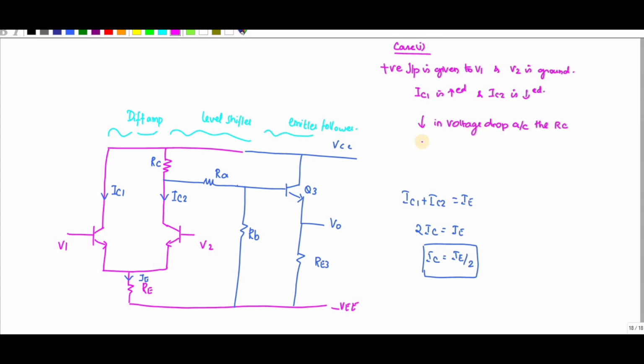So VB3 has to be increased, and VC2 also has to be increased.